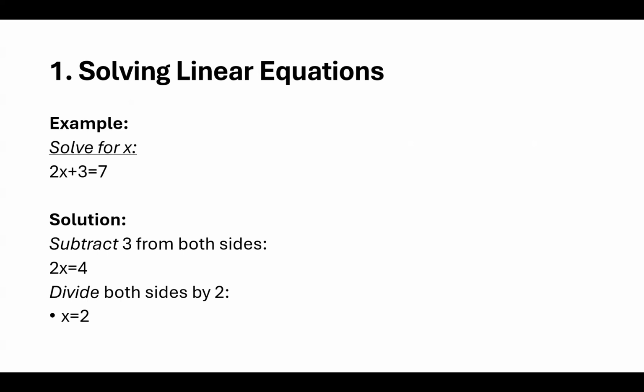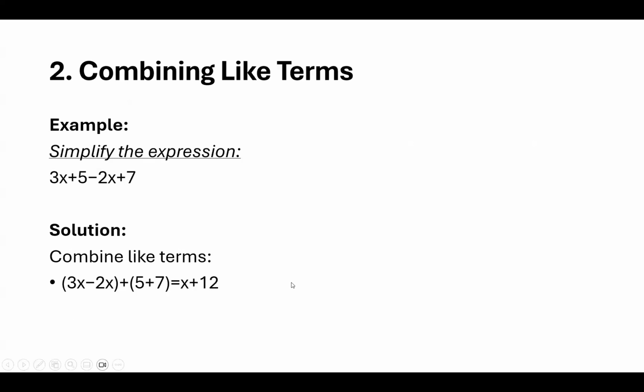So the skill of solving linear equations is very important. That is, we simplify our equations and then solve the value of x. For the second skill, we want to combine the like terms when we simplify an expression.